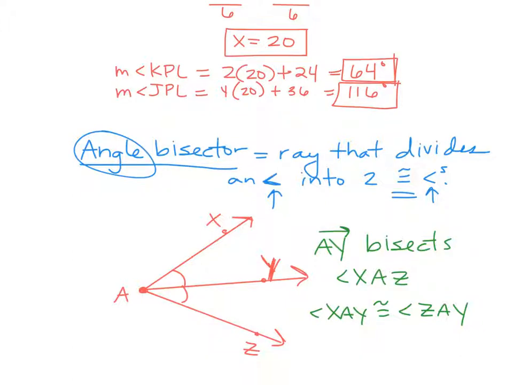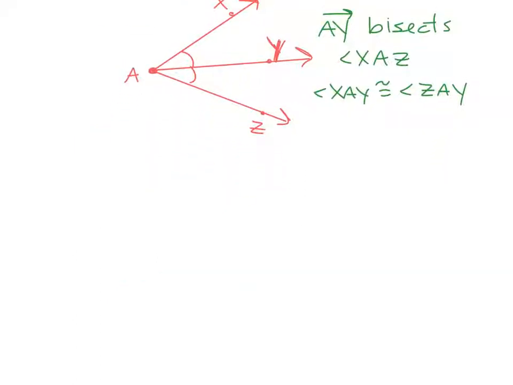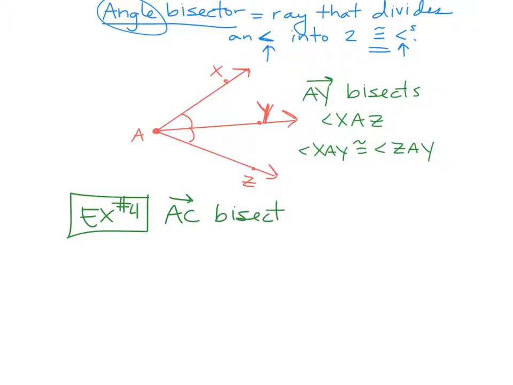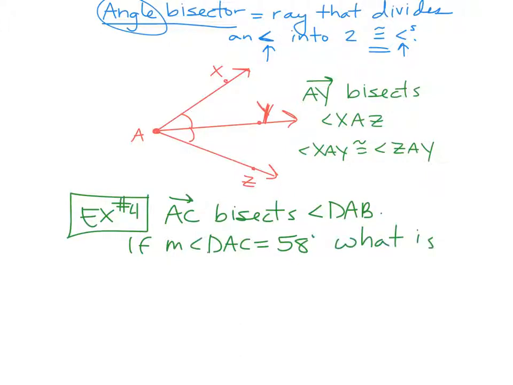Okay, so with that being said, one last example, and we're done. So if I tell you ray AC bisects angle DAB, if the measure of angle DAC is 58, what is the measure of angle DAB?